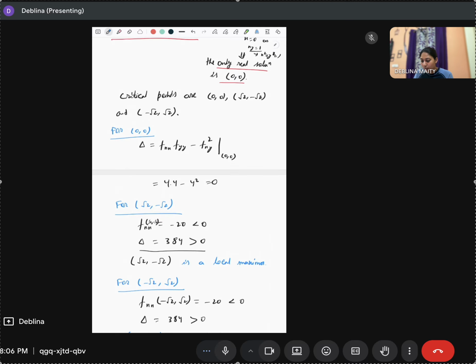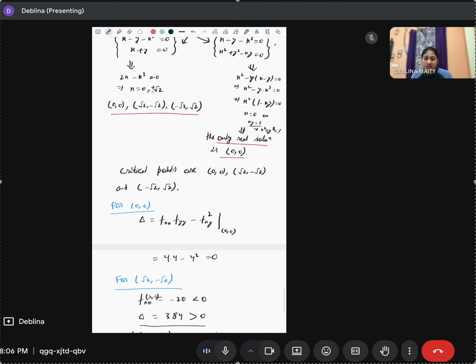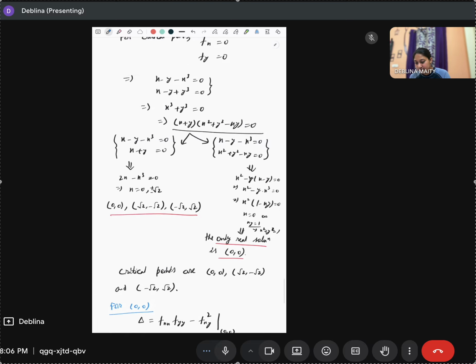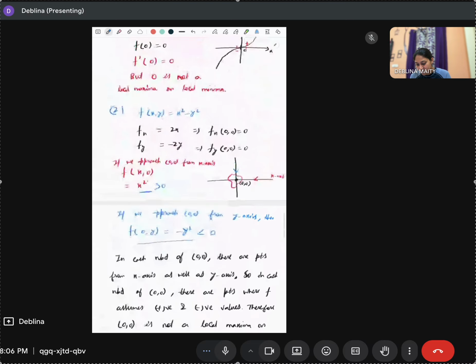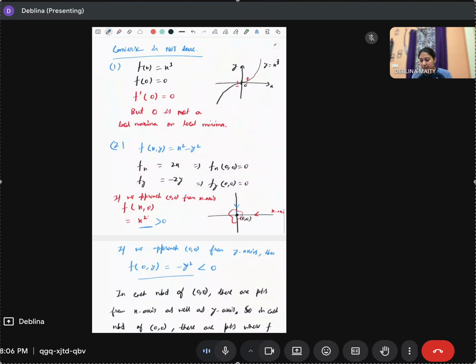If it is a point of local maximum, we will approach this with the same approach we have done in this example. Fxy is x square minus y square. So we will see two directions.